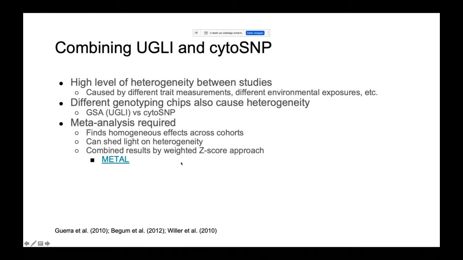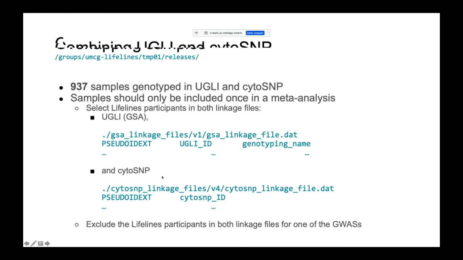It's a meta-analysis that finds the homogeneous effects across cohorts and sheds light on the heterogeneity, and lets you find the results that are the real effects instead of those only influenced by the setup in an individual cohort. METAL can be used to combine GWAS summary statistics from individual cohorts, and it implements a weighted sum of Z-scores approach. Other methods are also available.